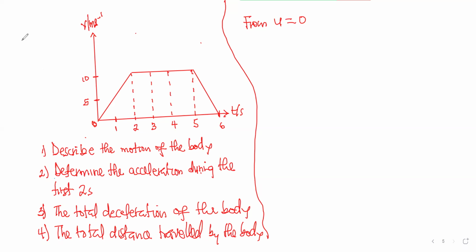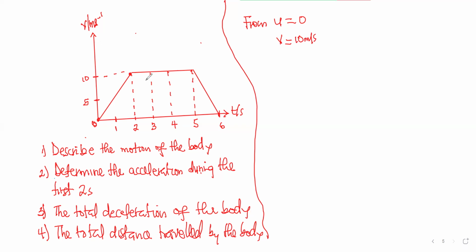It started with an initial velocity 0, and then increased its velocity, accelerated, and got to a final velocity of 10. So it accelerates uniformly from rest to a velocity of 10 meters per second within a time interval of what? What's the time within which this acceleration happens? 2 seconds. Okay.